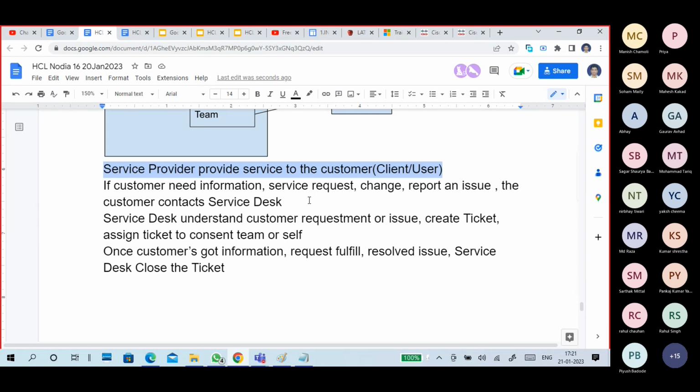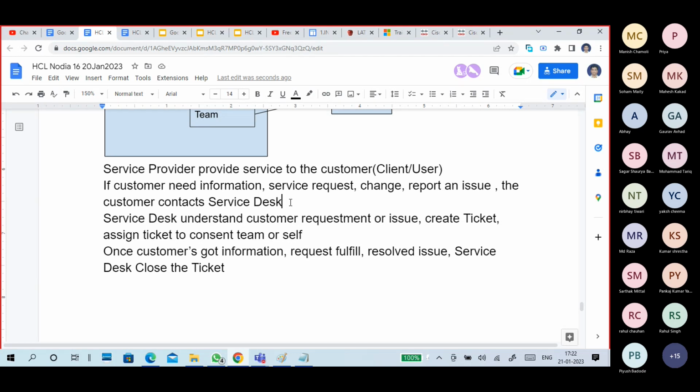If a customer needs information, a service request, a change, or to report an issue, the customer contacts the service desk. Why should we contact the service desk, and not go directly to the person who is going to resolve my issue, like a server engineer or network engineer?